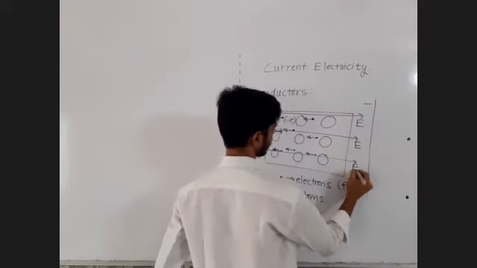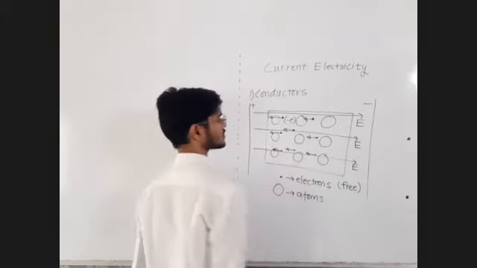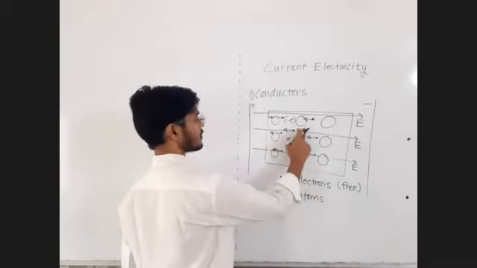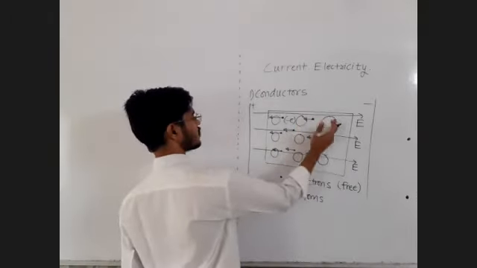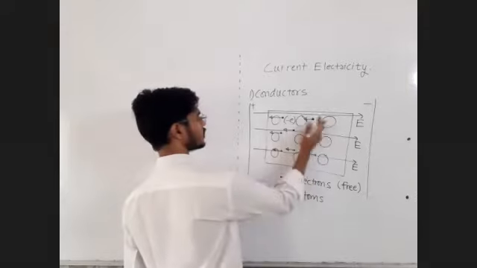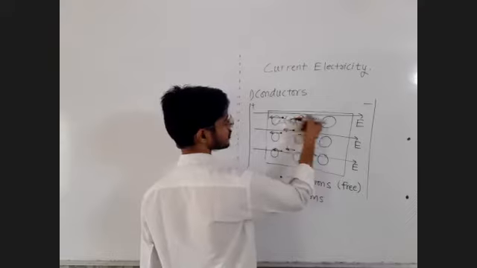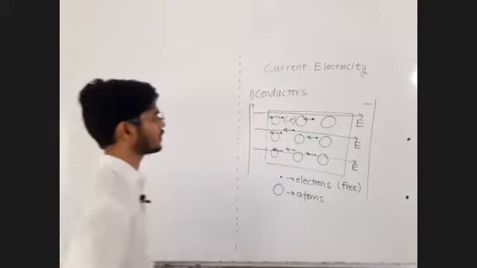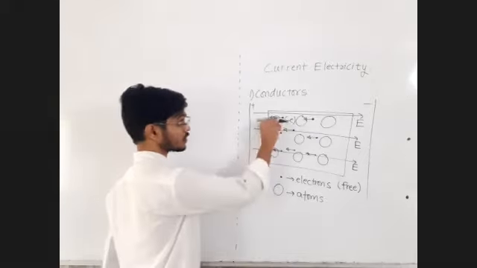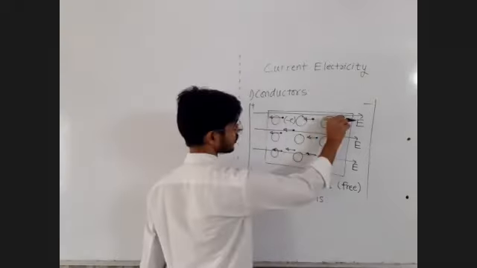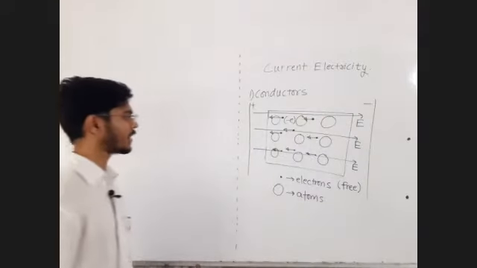We are not talking about the net field or induced electric field. If you place a metal in an external electric field, electrons in that metal will be drifted in the direction opposite to the electric field. If it is a positive charge, it experiences force in the direction of the electric field. If it is a negative charge, it experiences force in the opposite direction.